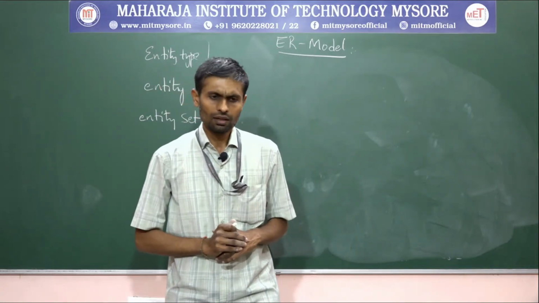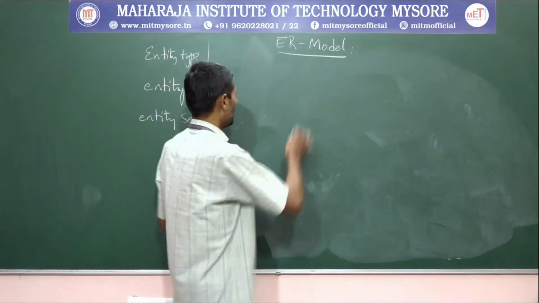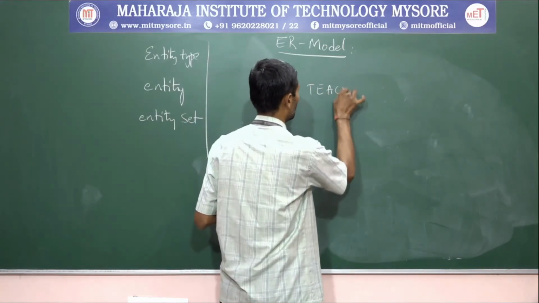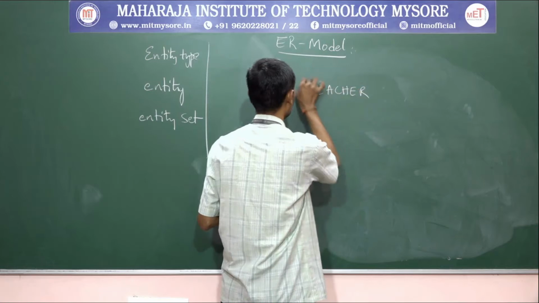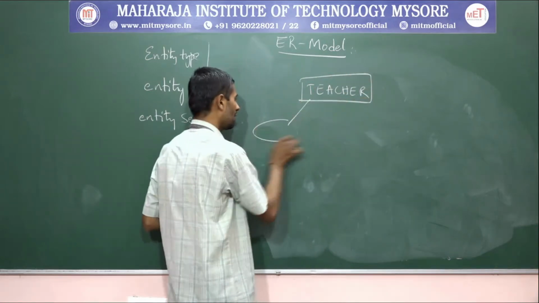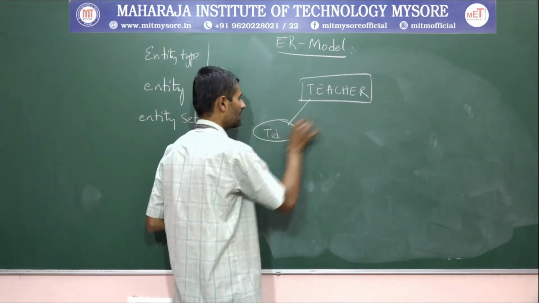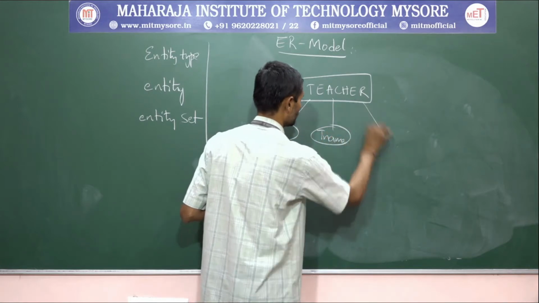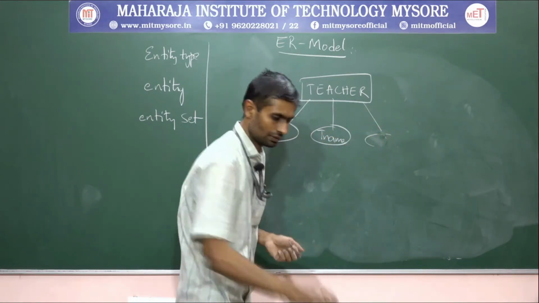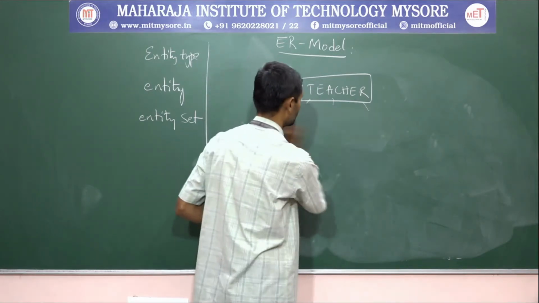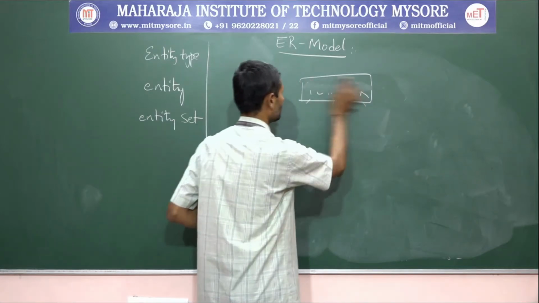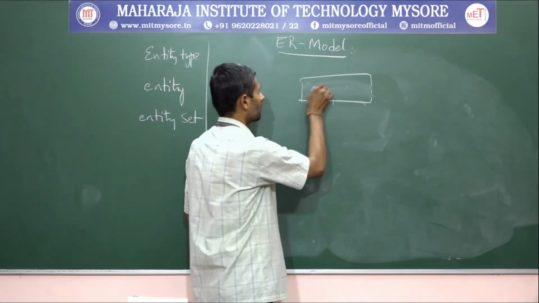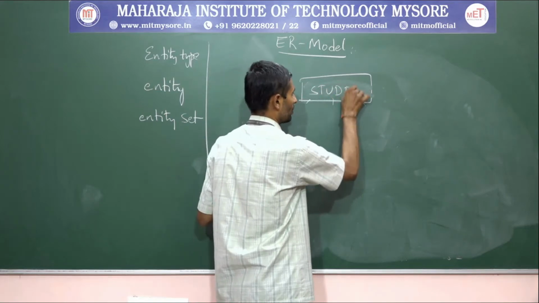I said a teacher is an entity type, and we said it contains a teacher ID, teacher name. For time being, I will take out this one. You can take anything, no issues.